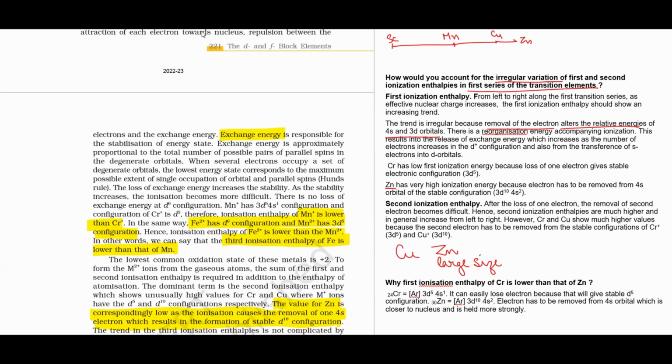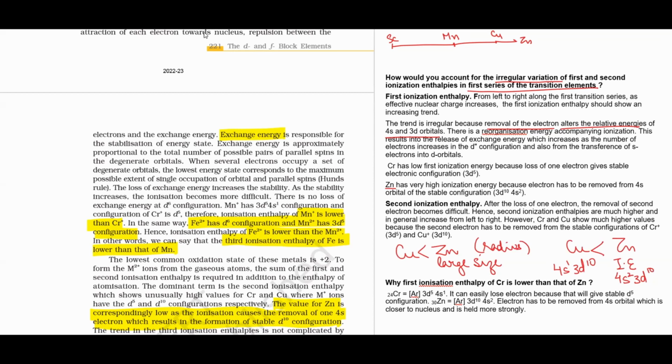Since the size of zinc is larger than copper, ionization energy should also vary in this order. Ionization energy is expected to be like this, but actually zinc has a higher ionization energy than copper. The radius of zinc is higher, yet ionization energy is also higher. Why? Because of a stable configuration.